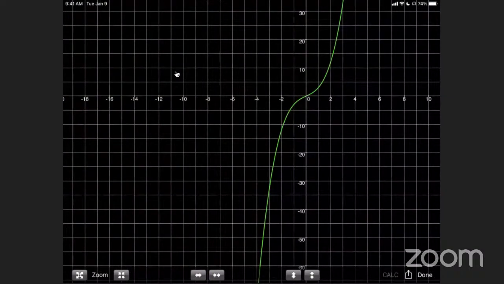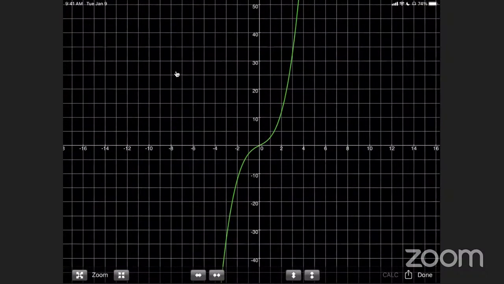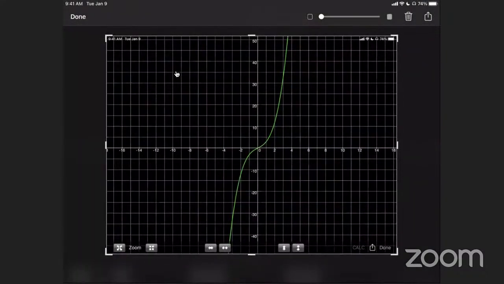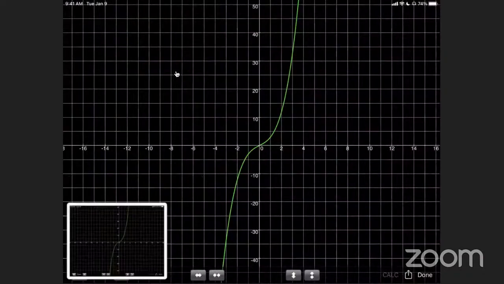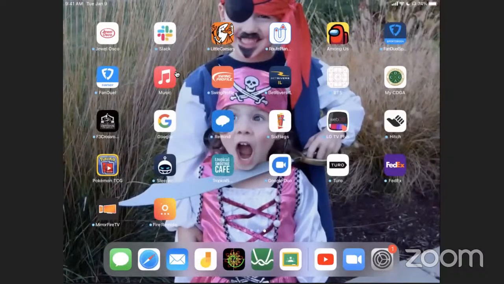Okay, I'm going to take a picture of it. All right, now let's see if I can copy this and paste it somewhere. Let's see, copy. I've not done this before. I'm trying this. I just saw this little trick. Let's see if this works.